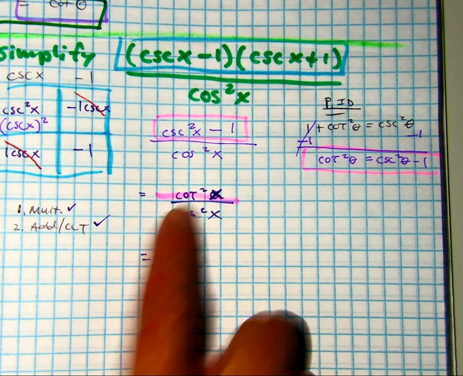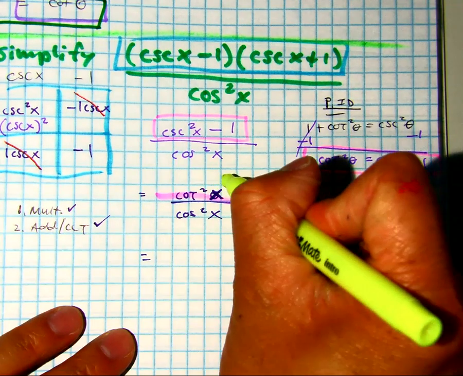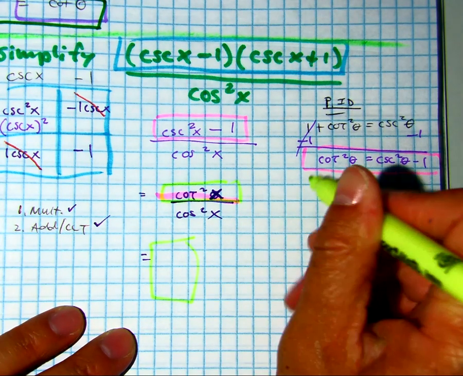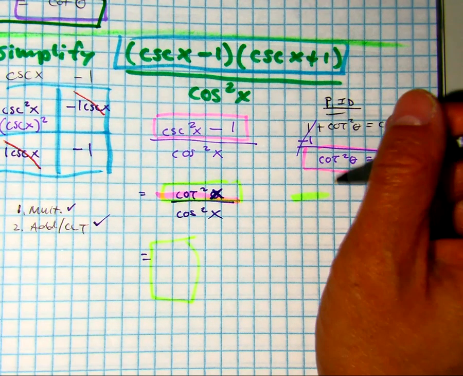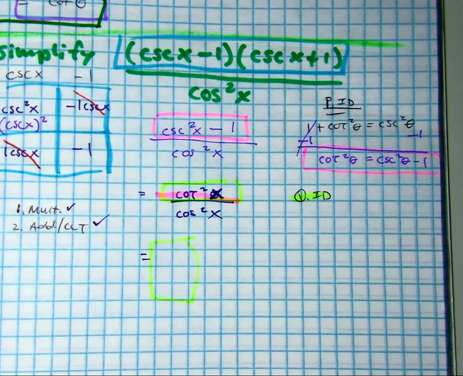It's okay? Okay, Pamela. What do we know about cotangent? The reciprocal. Okay, you could use a reciprocal identity, or the quotient identity. Tell me the quotient identity for cotangent.